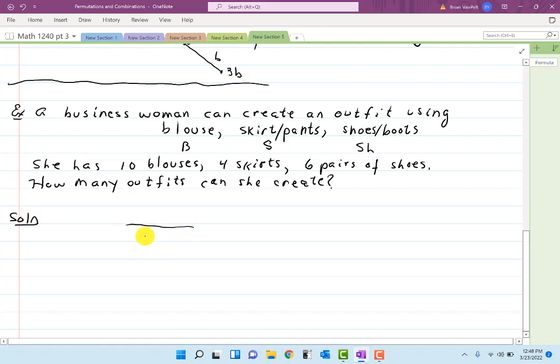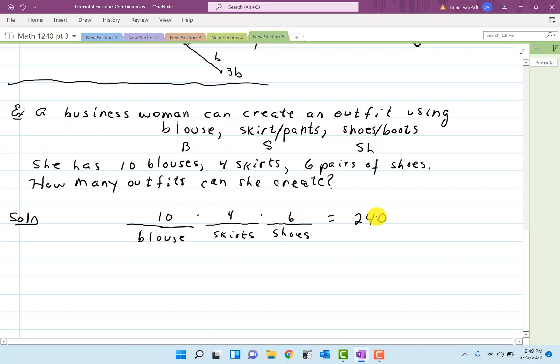She can create an outfit based on blouses, and she has 10 of them. Skirts, she has 4 of those. And shoes, she has 6 pairs. So all you do is multiply them together and you get a total of 240 outfits.